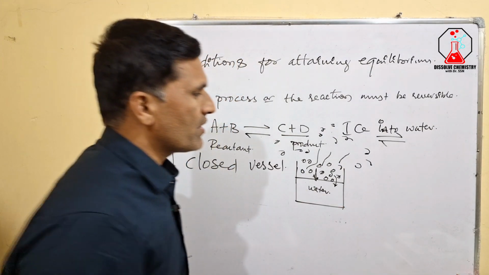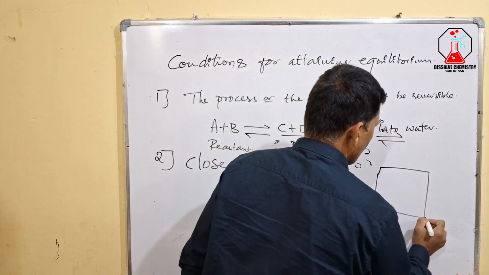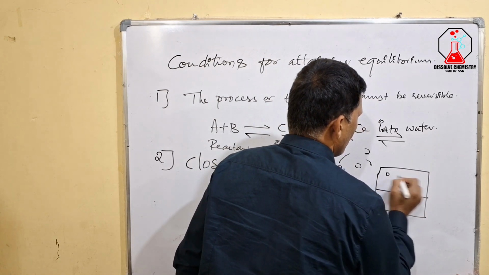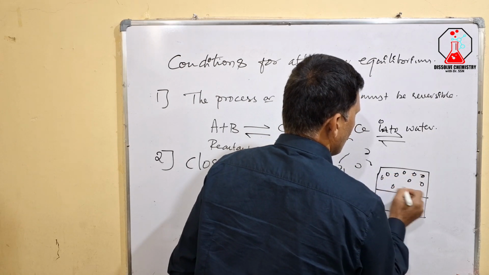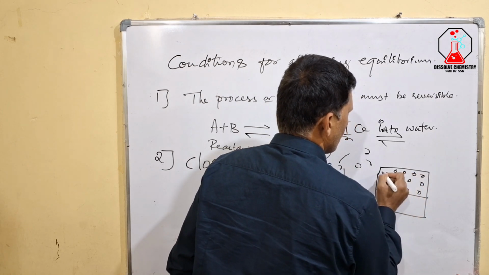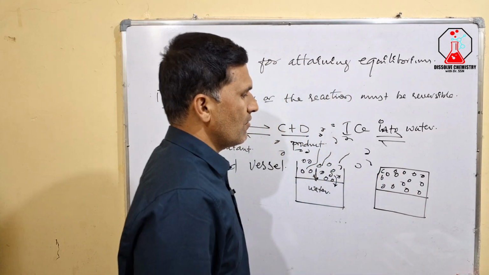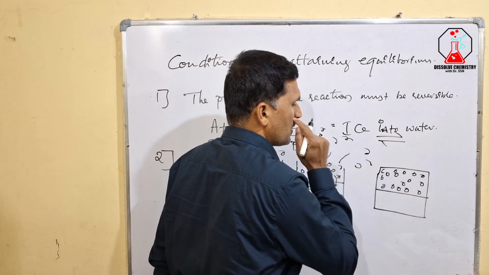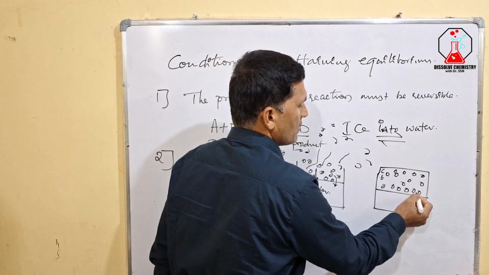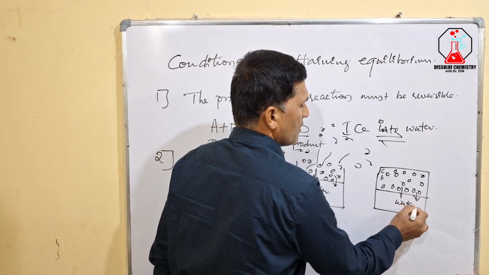Similarly, what happens if you carry it out in a closed vessel? The vapor has no option to escape. Initially the vaporization increases, then some of the molecules start condensing back into the liquid phase.